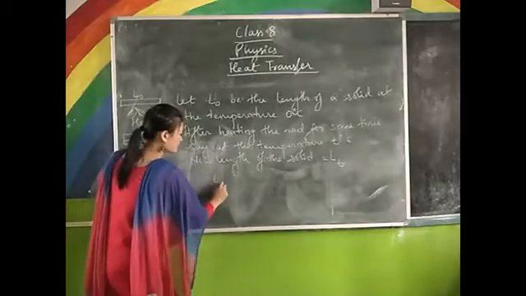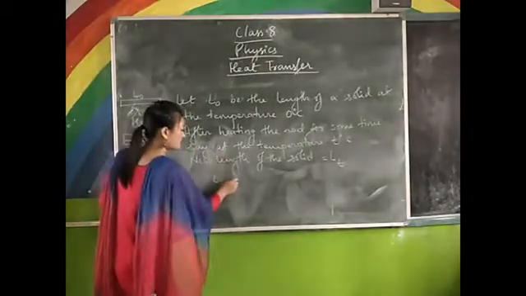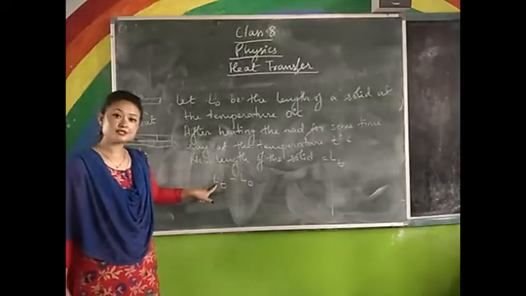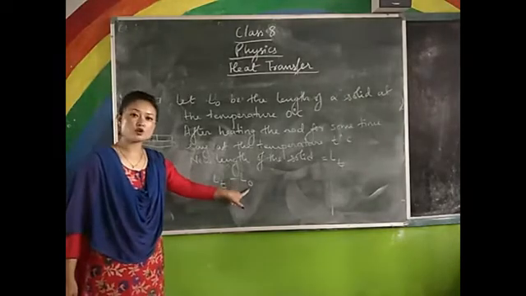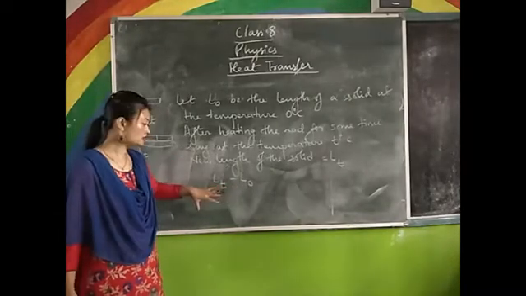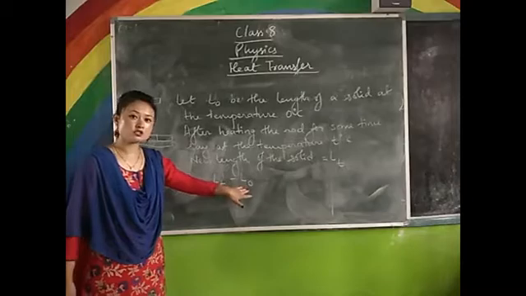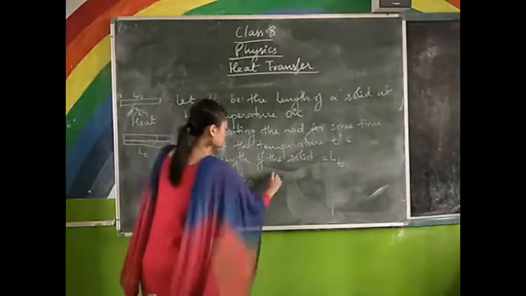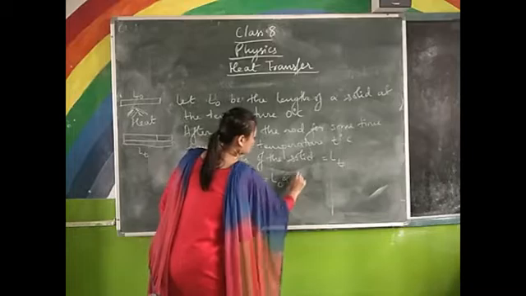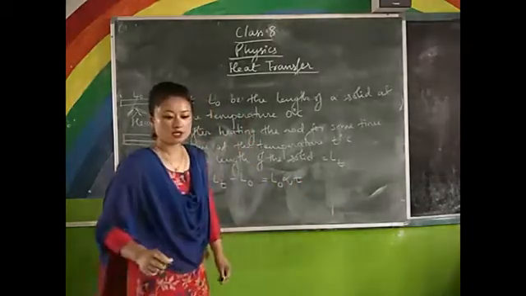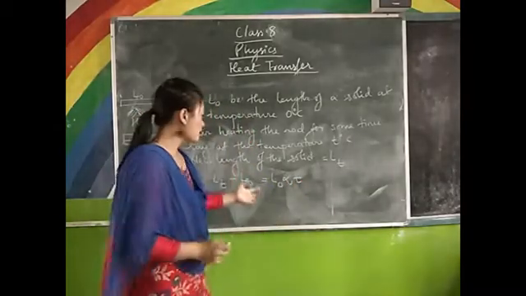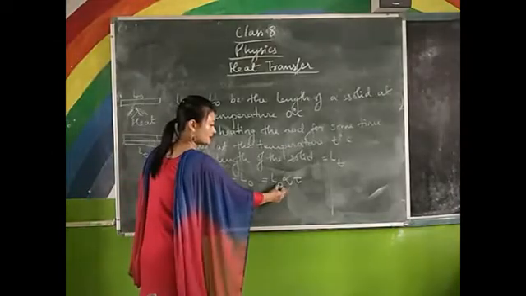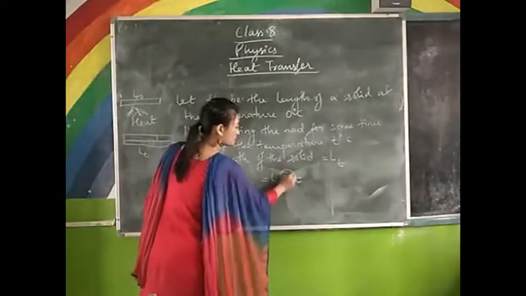Will be LT minus L0. So LT is the new length minus the original length, which will give you L0 alpha T. What is L0 here? This is your original length. Now, T stands for temperature.